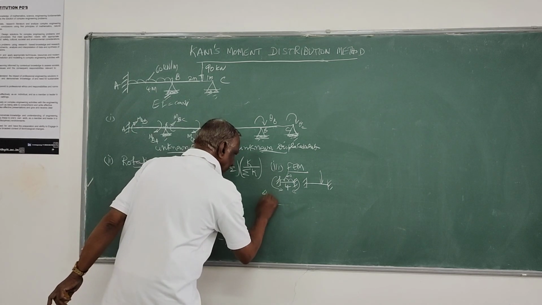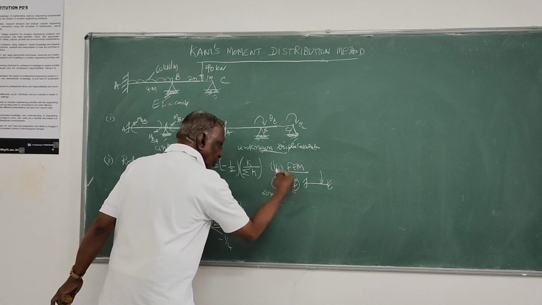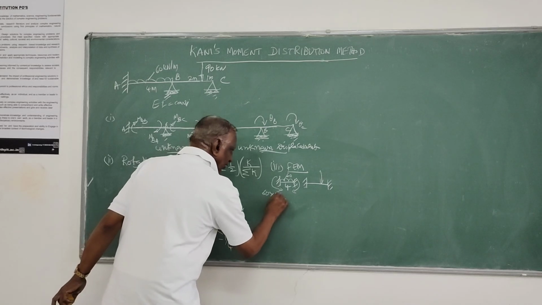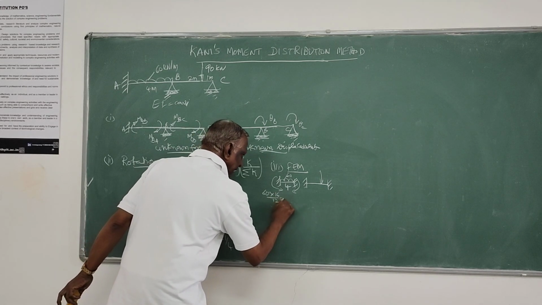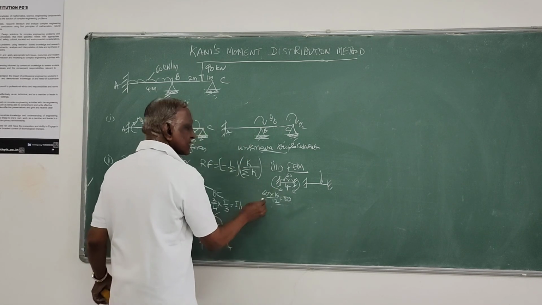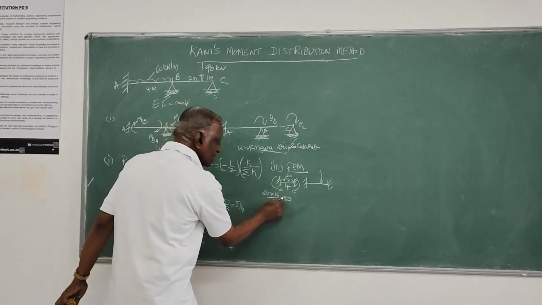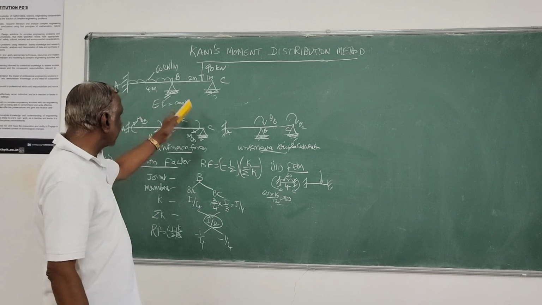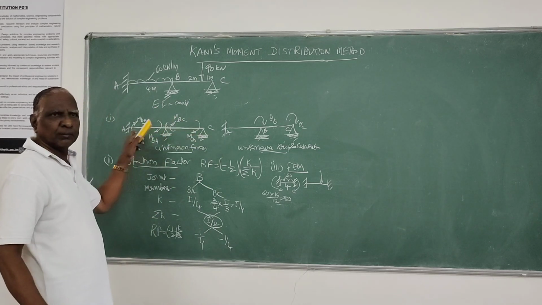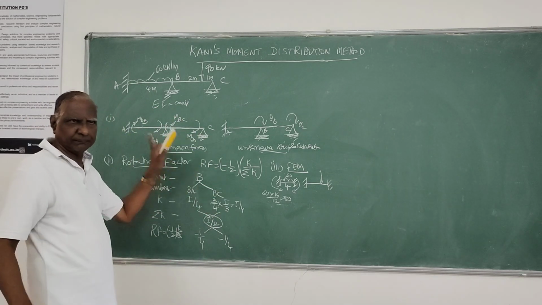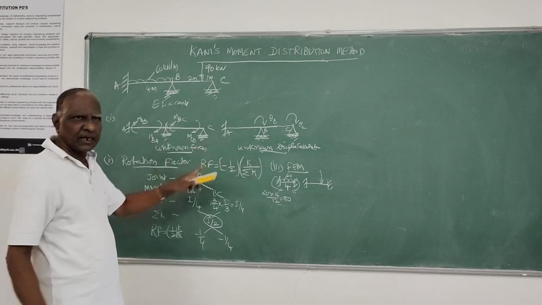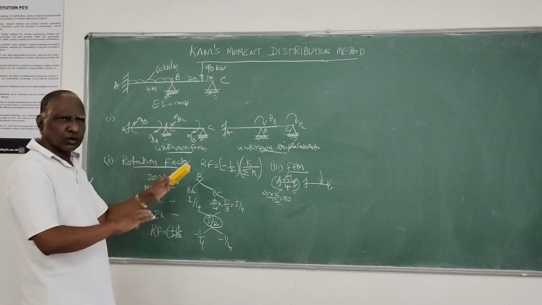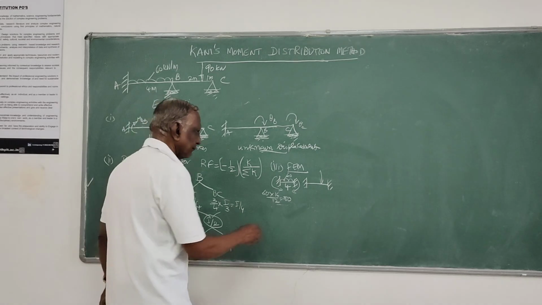That means 60 into 4 squared, 16, by 12, which is nothing but 80. So this is in the anti-clockwise direction, so we take the moment developed as minus 80, because we are assuming clockwise moments are the positive ones, always to start with, as per our member or localized coordinate system.